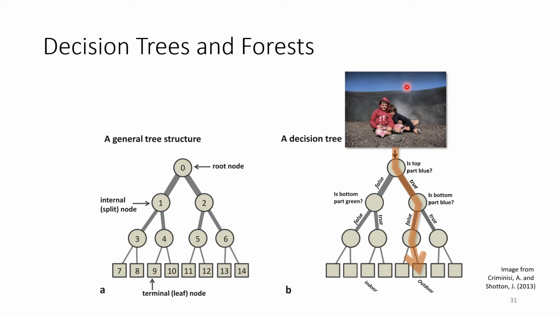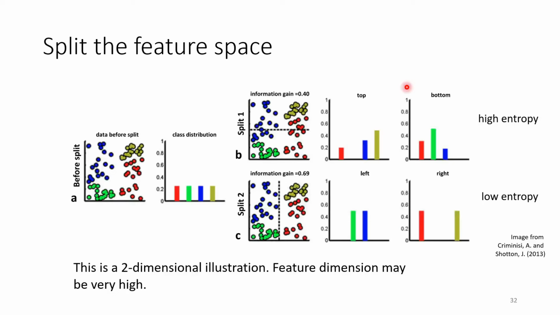Okay, for numerical data, what will happen? Suppose in this feature space there are only two dimensions, but there are four classes, labeled by different colors. They have their own probability distribution, each of them 0.25 in the space.